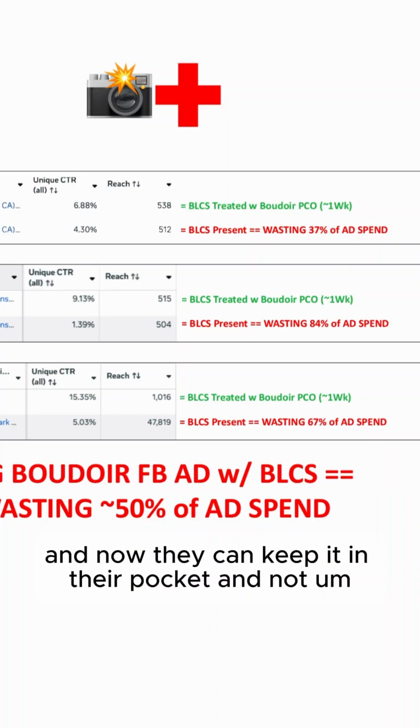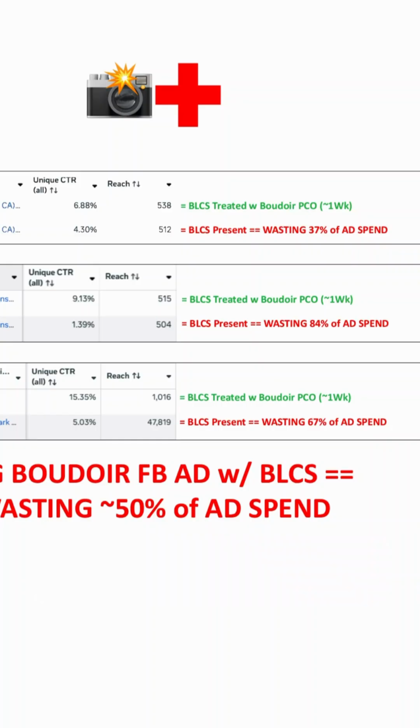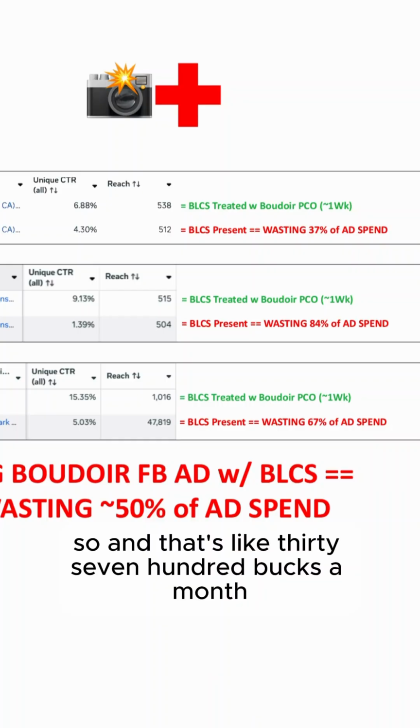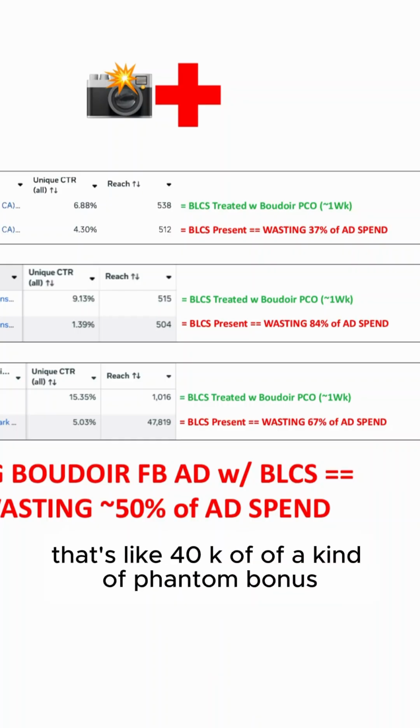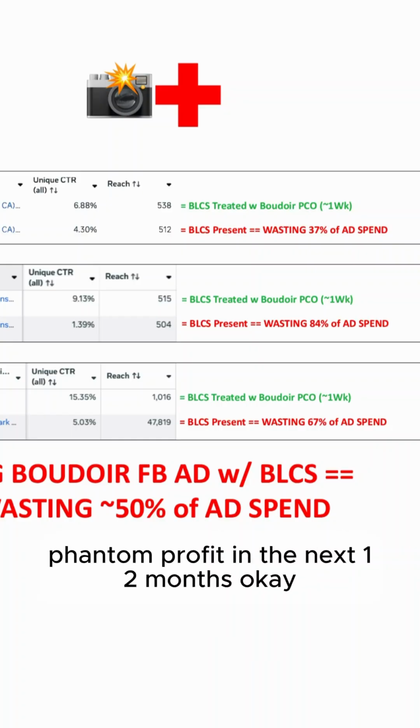And now they can keep it in their pocket and not waste it. That's like 40K of phantom profit in the next 12 months.